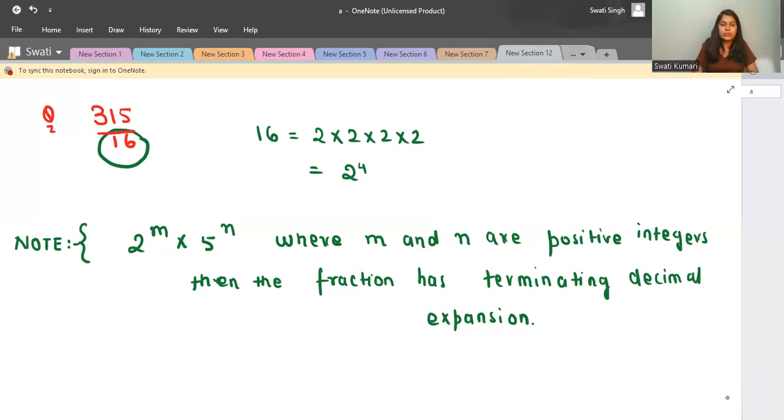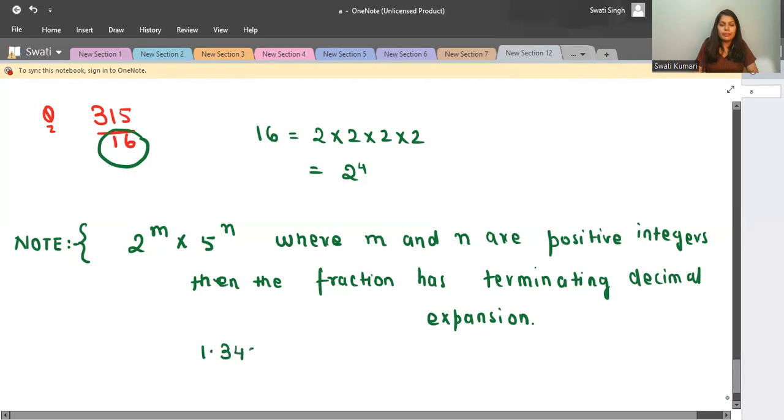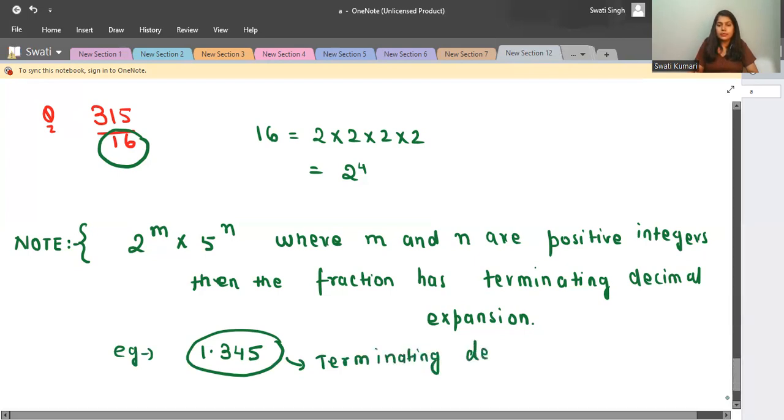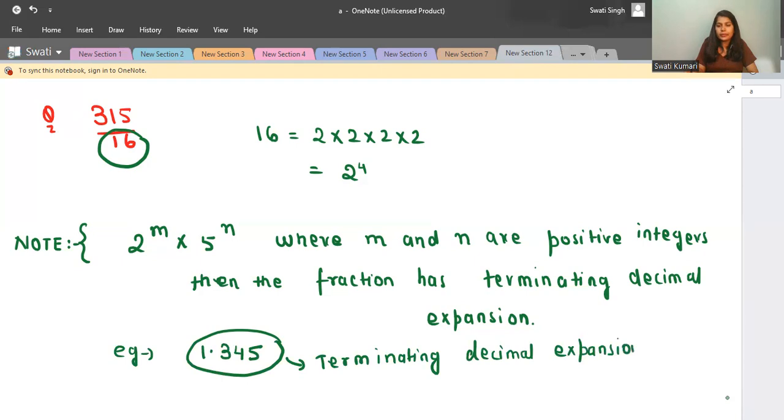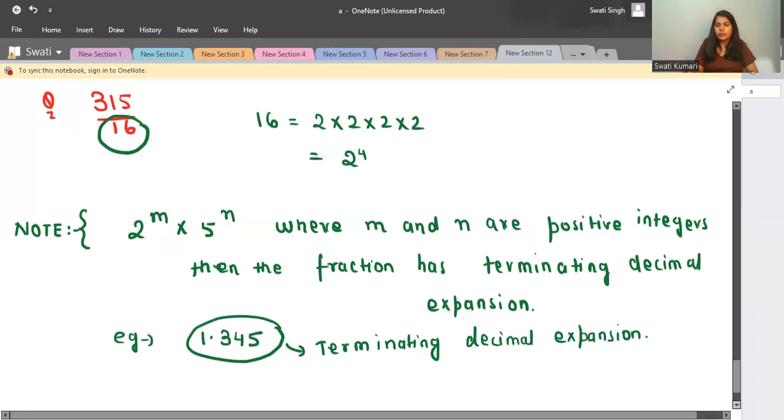For example, we can say that 1.345 is a terminating decimal. Let me write that down for you as an example for your understanding: terminating decimal expansion. Now let us see what non-terminating decimal expansion is.